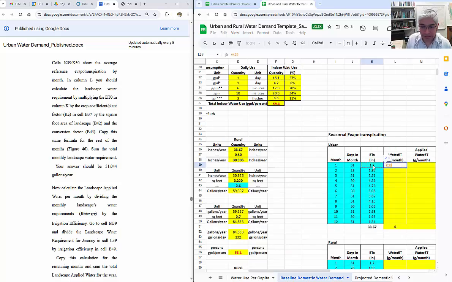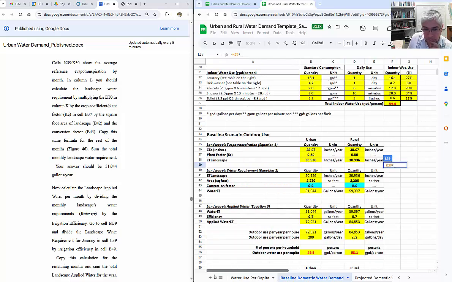Multiply, it says here, the ETO times the crop coefficient, which is this KC, times the square area, this one, and the conversion factor, which is this one.